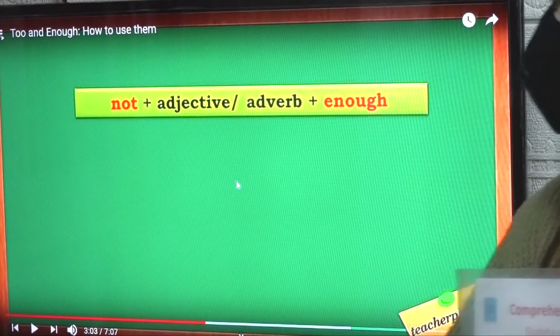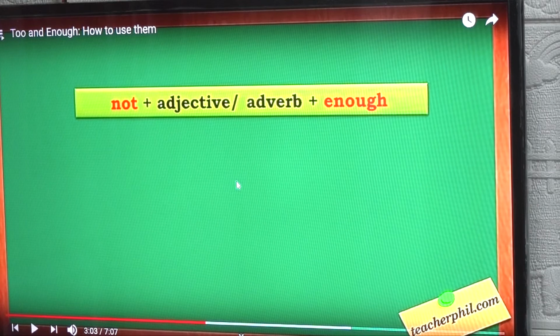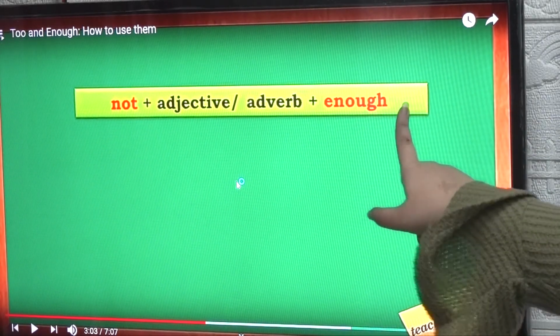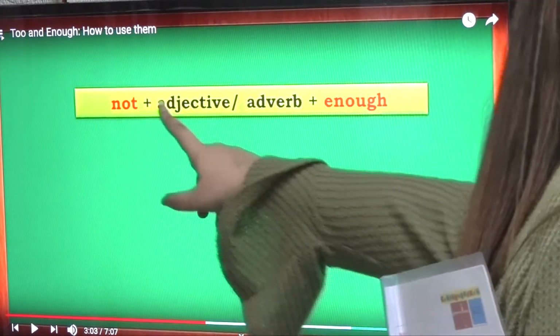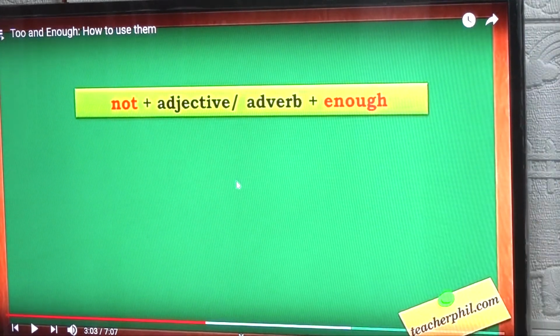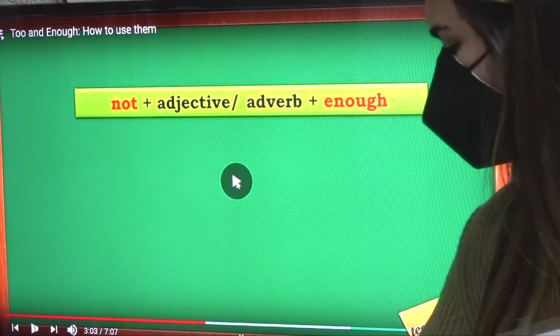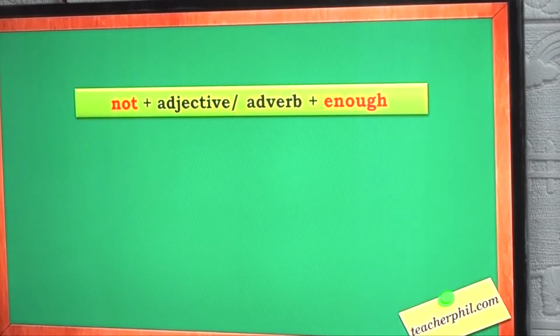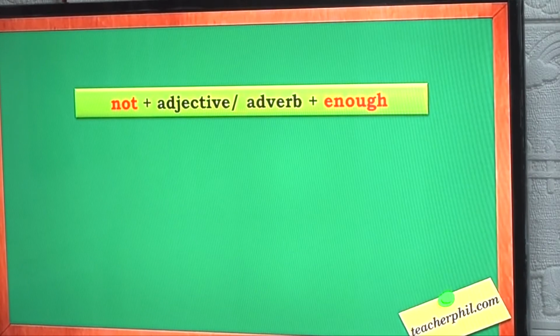So basically, for the negative form of enough, we just add not in the beginning. So, not plus adjective or adverb plus enough, or not plus enough plus noun. That's it. If it is with an adjective or adverb, then we have the structure not plus adjective or adverb plus enough.